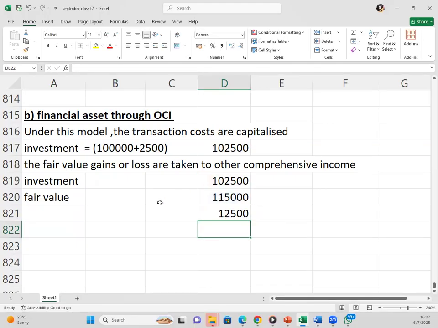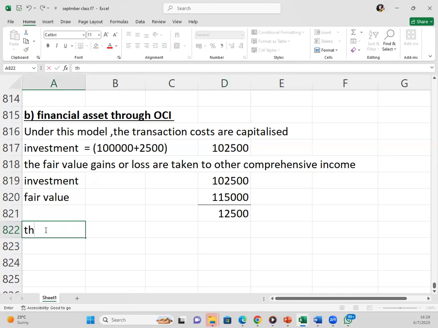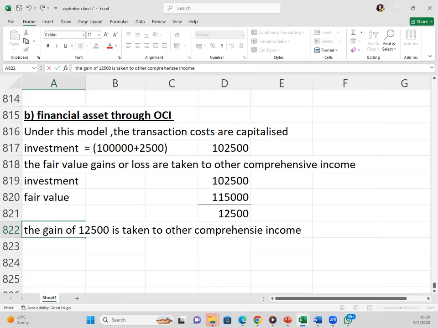So the gain of 12.5 is taken to other comprehensive income. The gain is taken to other comprehensive income.